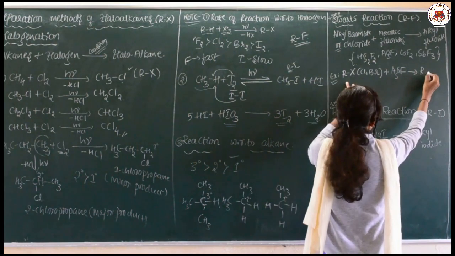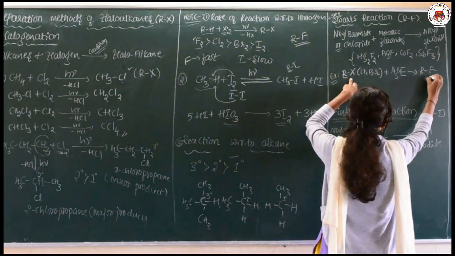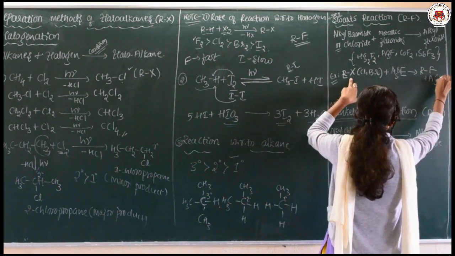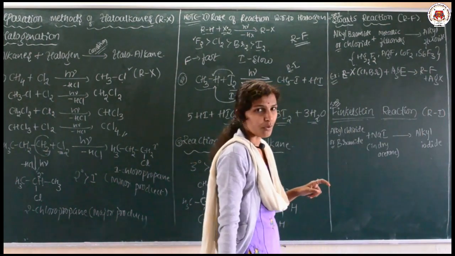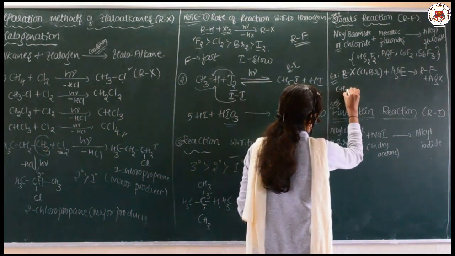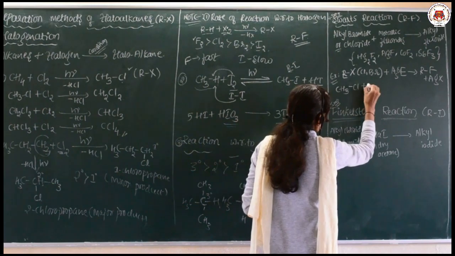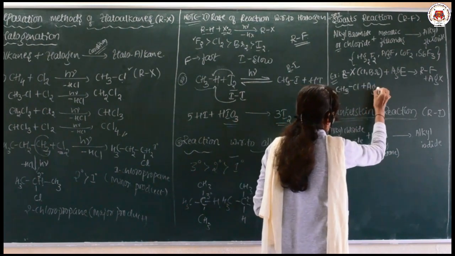The product will be RF, and what else remains? AgX is one more product. Let me take one particular example, methyl chloride or bromide plus AgF.